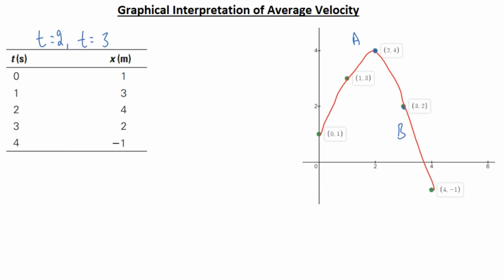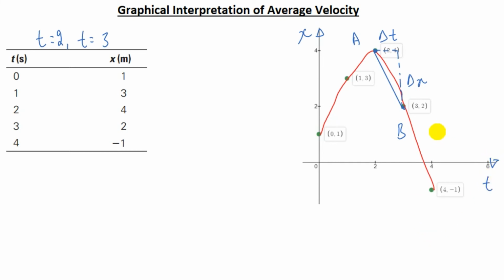That is, we're going to join these 2 points with a straight line like this. And this would be delta t, and this would be delta x. This is the x-axis, that is the position, and this is the time axis.